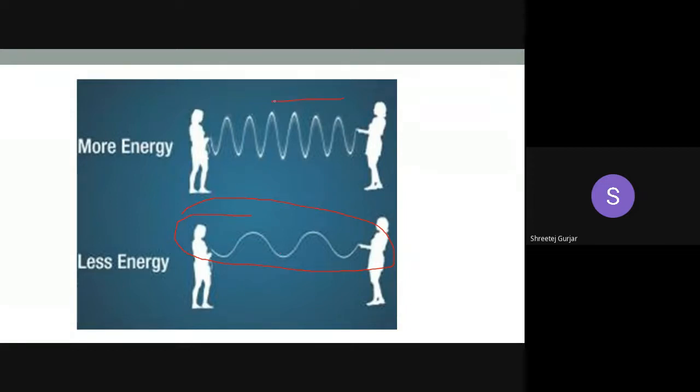But if you want to create many waves like this with high frequency, you require more energy. If you try with your skipping rope also, you will feel that you require more energy to create such waves with high frequency or smaller wavelength. But for large wavelength or low frequency, lesser energy is required. So that is the principle behind this more energy and lesser energy consumption.